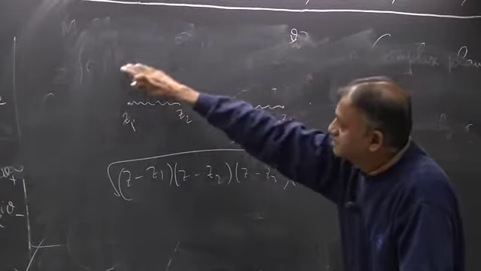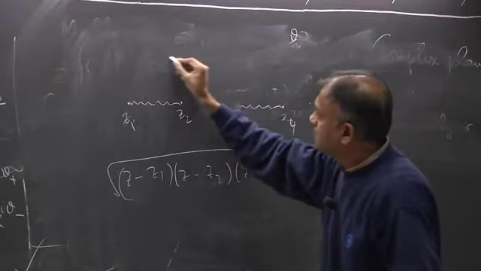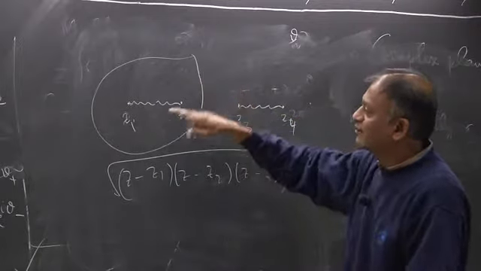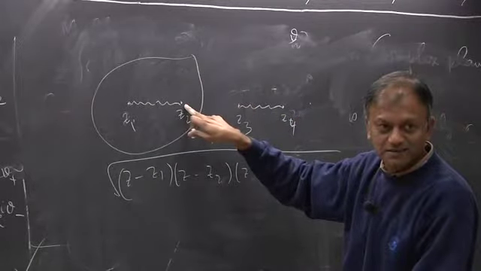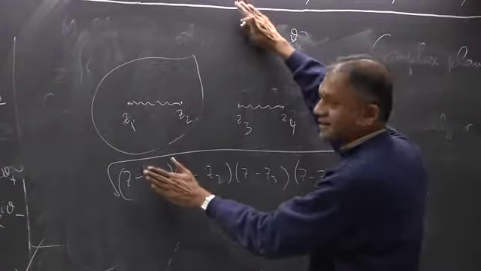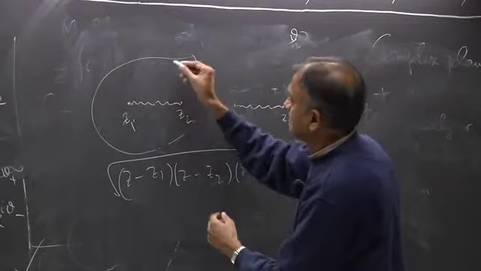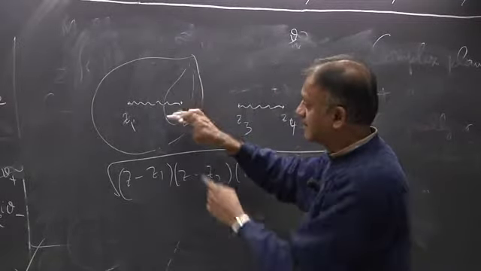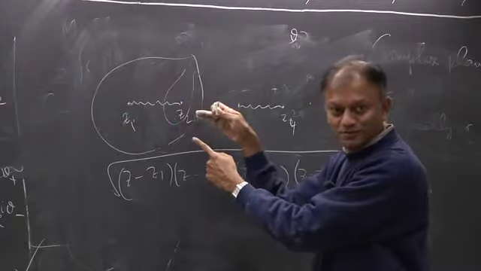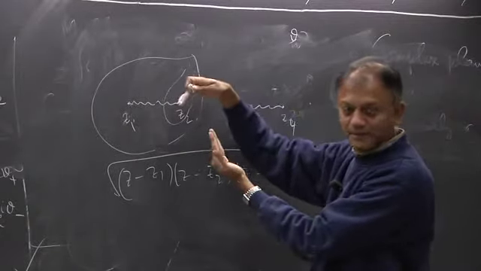Now you see in this part, it's all single valued, because if I choose a path here, it's going around both of these guys, right? That argument works. So inside here, it's all single valued. The only problem is if I had gone like that, it would not. But anyway, I've cut it, so I cannot go. In order to go, I have to go to the second sheet, and then again come back.